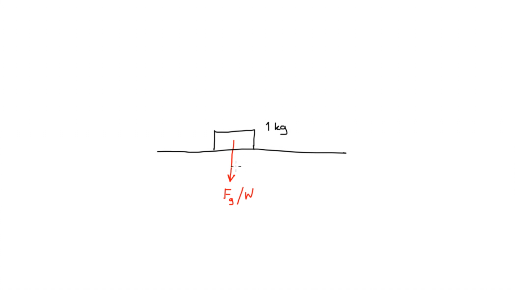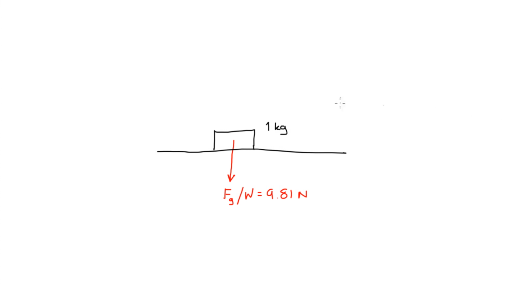Something's mass will be the same no matter where you are, whether you're on the moon or on Earth. Weight will change depending on the force due to gravity, because weight is a force. And so this will be equal to 9.81 newtons.